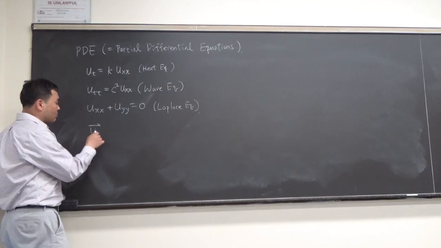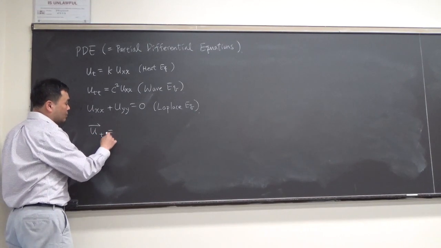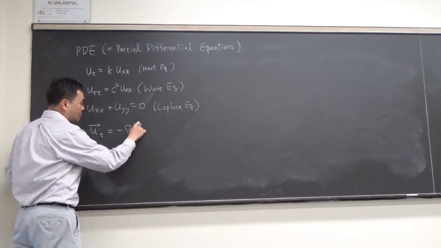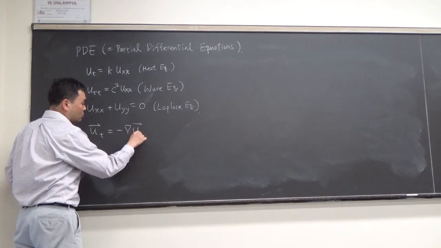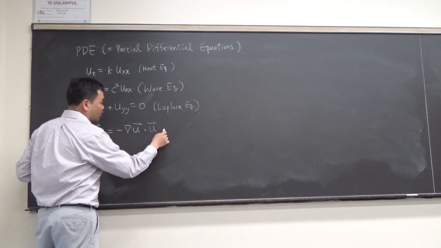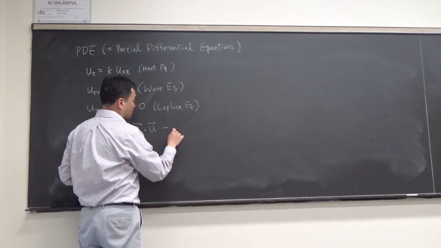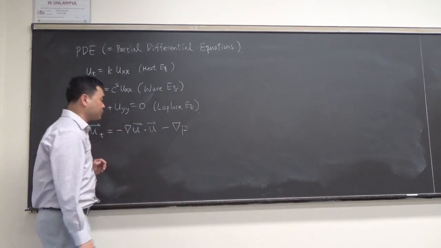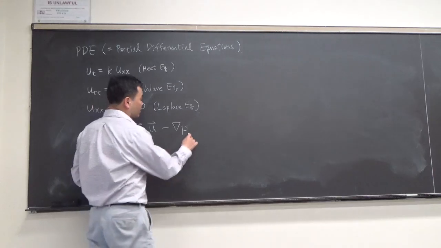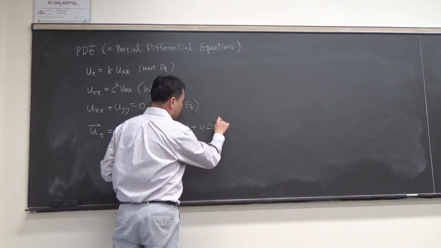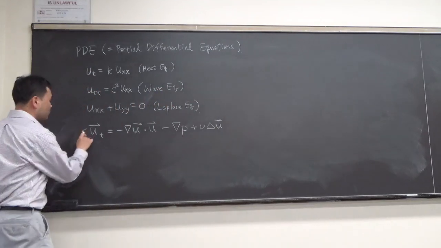And if you differentiate u by t, it satisfies that the gradient of u dotted with u minus the gradient of something called the pressure, and then plus mu times the Laplacian of u.